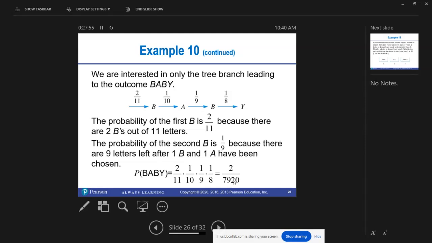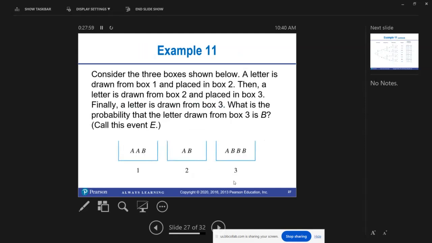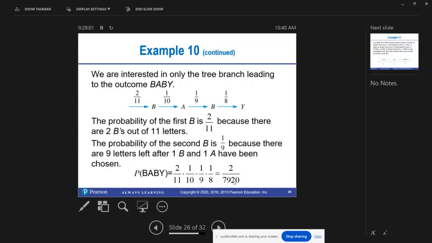That's going to give me 2 over 7,920, which I will reduce. There's another typo, so I will fix that. That's going to be 1 over, and then 7,920 divided by 2.